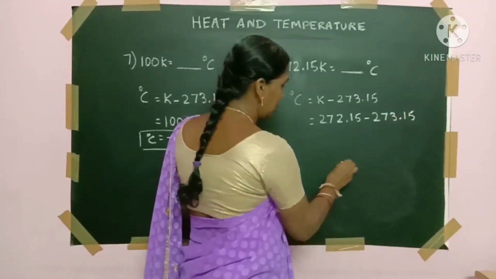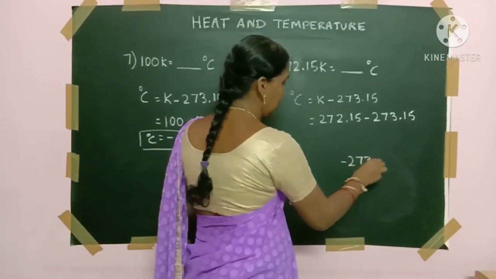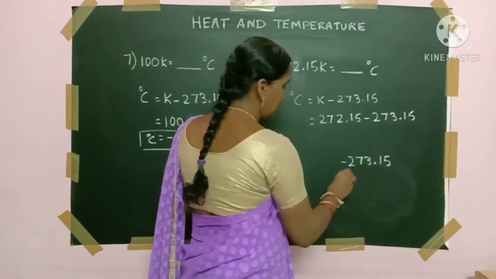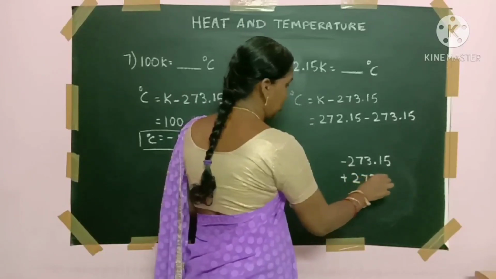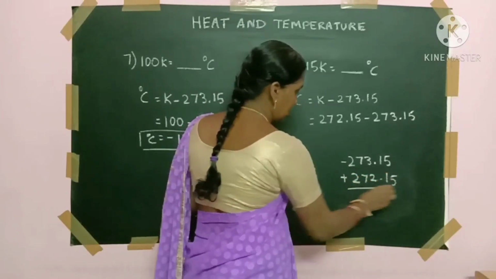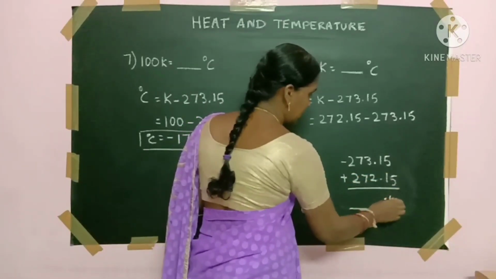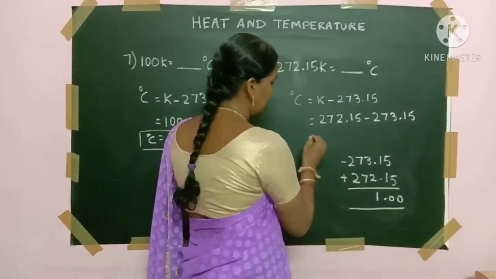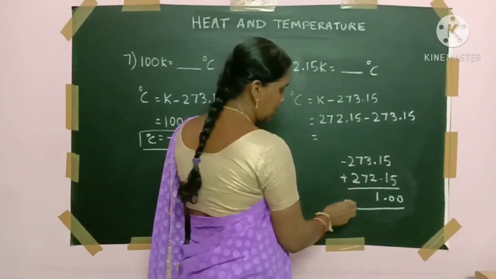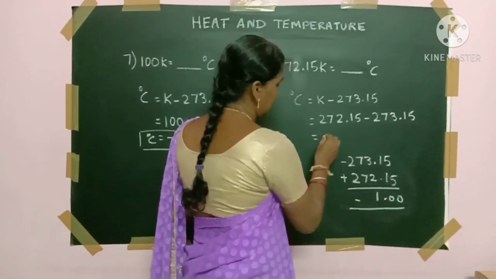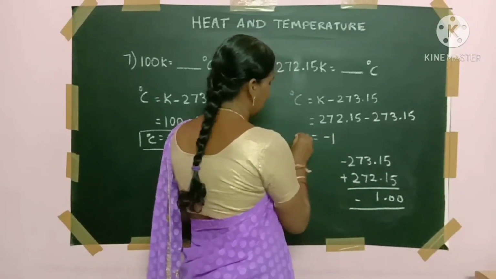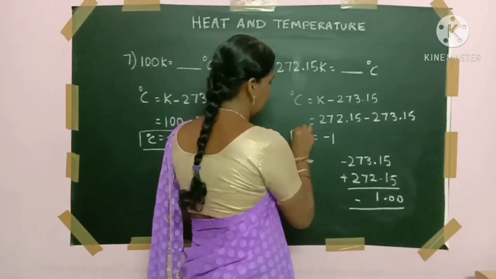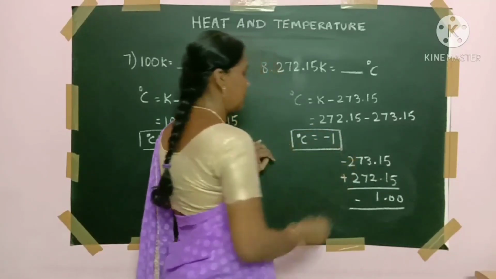The greater value is 273.15, so 273.15 minus 272.15. What value do you get? 1. And the greater value has the minus sign, so minus 1 degree centigrade.